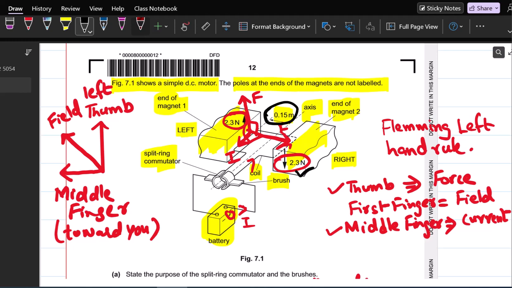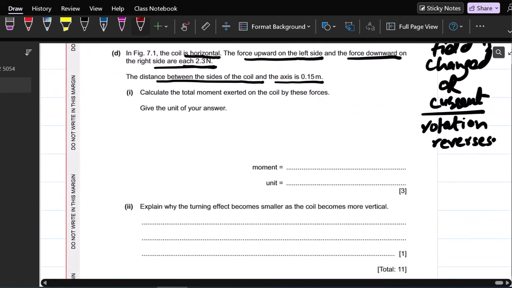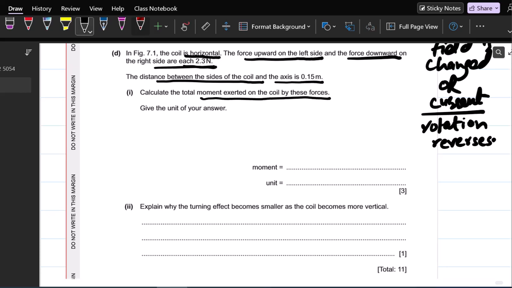So we are going to find the total moment exerted on the coil by these forces. So you know moment is equal to force multiplied by distance. So 2.3 is the force, 0.15 is distance. We have to consider both the edges.